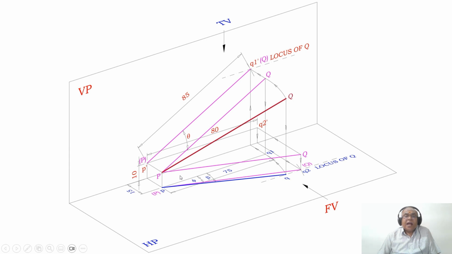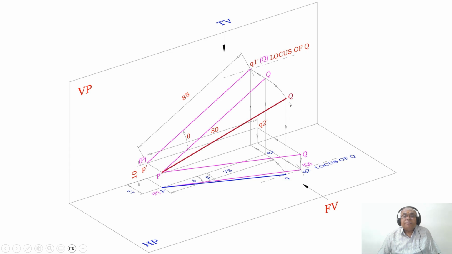At present, Q is in front of VP by 15, but Q1, the top view of the point Q, is not in front of VP by 15. Instead, that distance from here to here is the locus of Q. So with P as center, taking the radius of capital PQ here, I am rotating such that Q also comes in front of VP by this distance, from here to here.